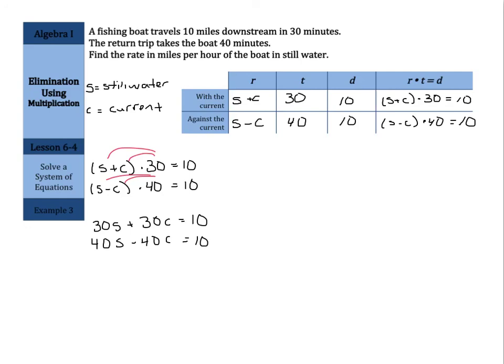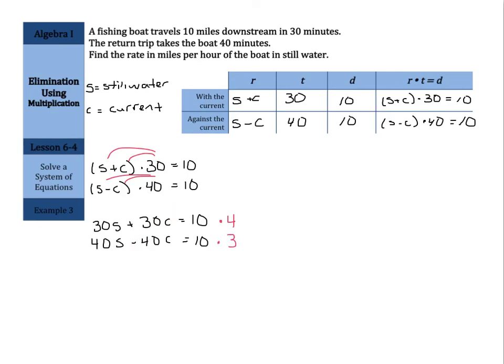And now we need to use multiplication to eliminate. So, what do we want to eliminate first? We're looking for the still water speed. We're looking to solve for s. So let's eliminate c.